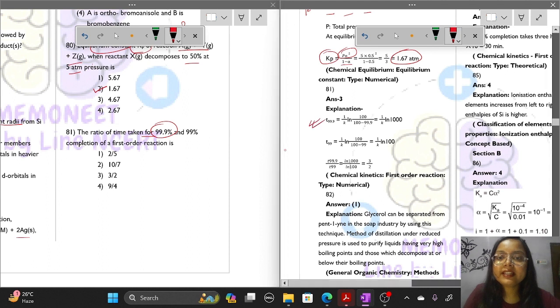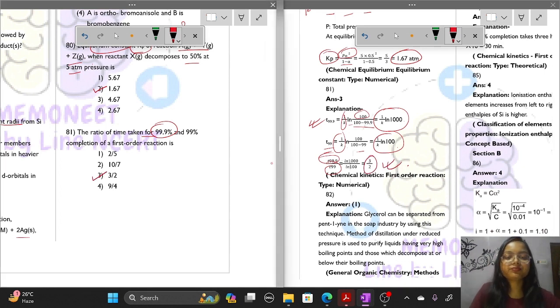For T99 we know that it is 1 by k ln 100 by 100 minus 99, it comes out to be this. Then the ratio of T99.9 and T99 is 3 by 2. So the ratio is 3 by 2.